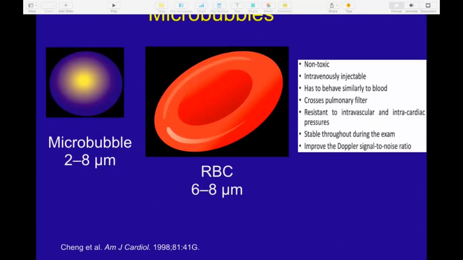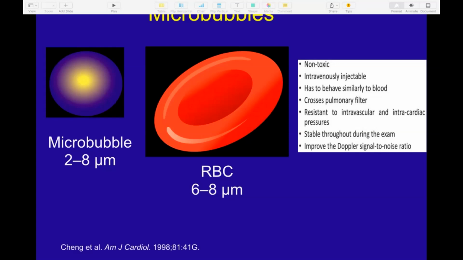Let's get into a little bit of the bubble physics. The normal RBC is about 6 to 8 micrometers. For something to survive in the circulation and get to the left side, it has to go through the pulmonary transit, and typically bubbles greater than 8 to 10 micrometers are not going to make it through. Fundamentally, for us to be able to visualize bubbles, they need to be stable. They need to be intravenously injected.